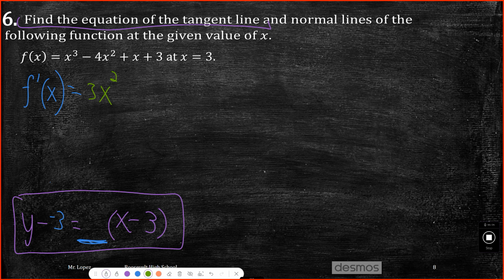And then what else? Minus 8x. And then what else? Plus 1. See, in this one, we don't set it equal to 0. None of that. It's just we want to know what is the rate of change at 3. So we're going to go f prime at 3. What's the derivative at 3? What's the rate of change at 3? And we're going to plug it in.